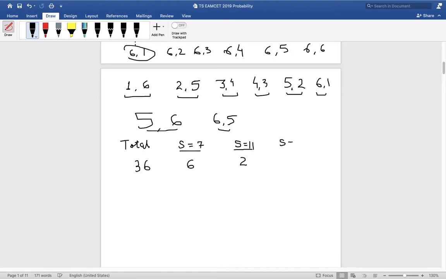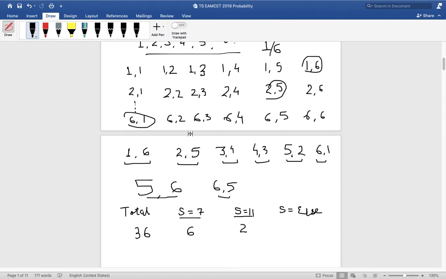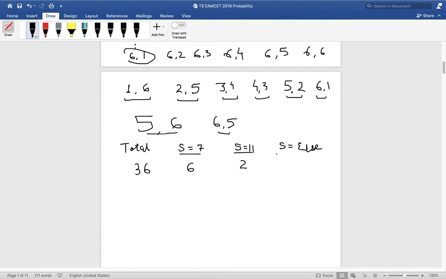For the sum to be something else, neither 7 nor 11: what are those? Like 2, 3, 4, 5, 6, again 3, 4, 5, 6, 8. All of these are neither 7 nor 11. How many will these be? 6 and 2 is 8, and 36 minus 8 is 28.